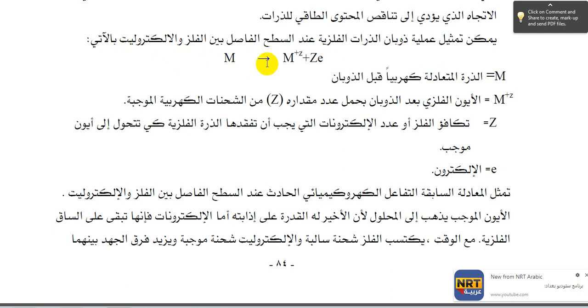In a reversible reaction, it will lead to, يؤدي إلى, result in نفسها leads to بالإنجليزية, M plus Z plus ZE. M plus Z is the positive ion and ZE is the electrons. These are very significant terms of the equation. هنا دلالات لمحتويات المعادلة.